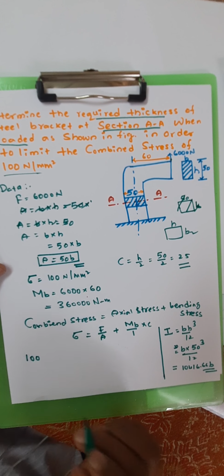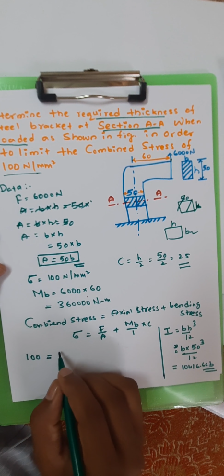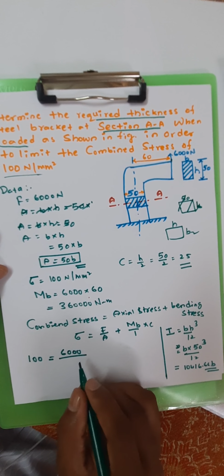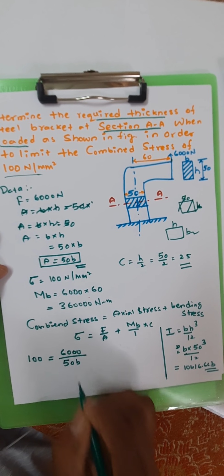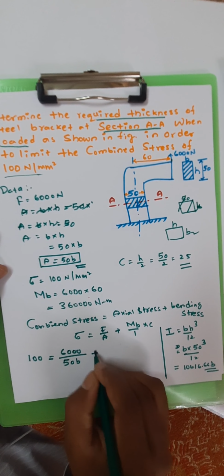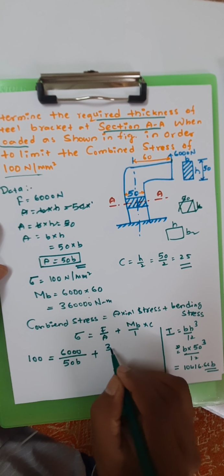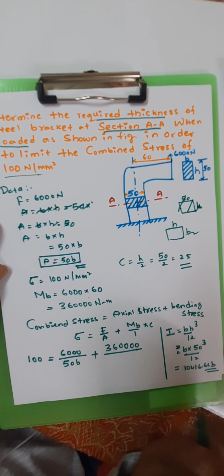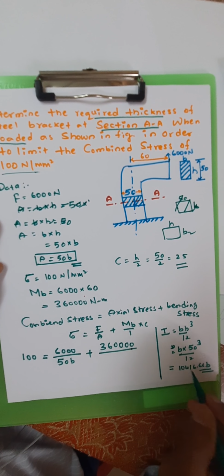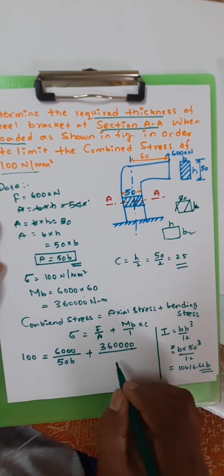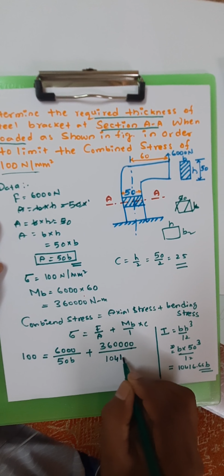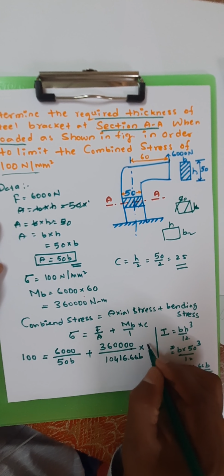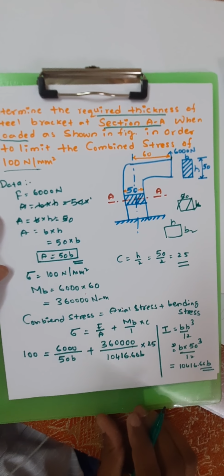Then we substitute the value for F, which is 6000 newtons, divided by the area, which is 50B, plus MB, which is 360000, divided by I. We already simplified this: I is equal to BH cube divided by 12, that is 10416.66 B, into C, and C is 25.